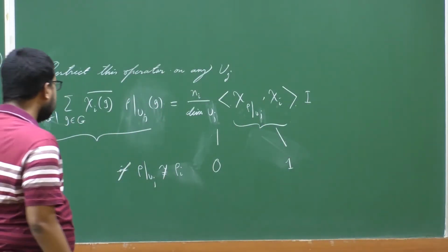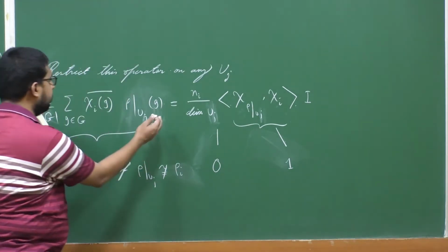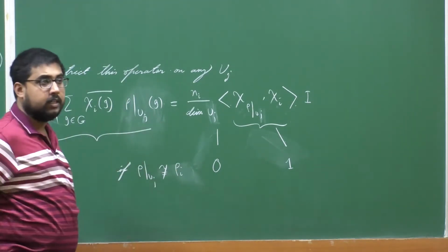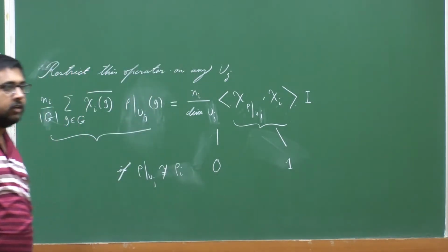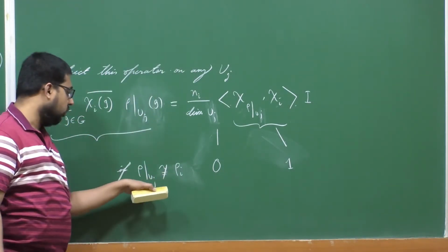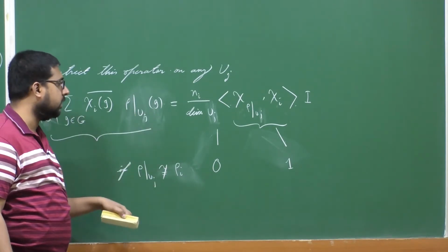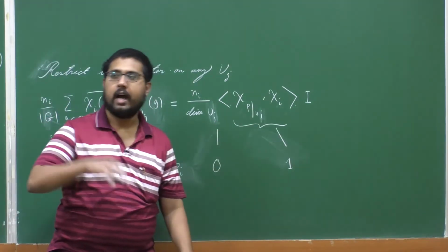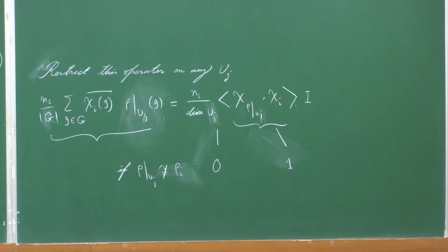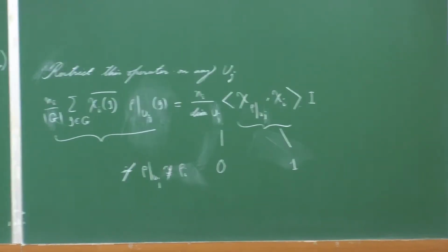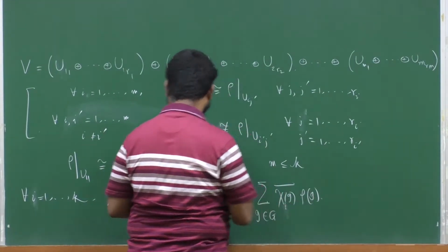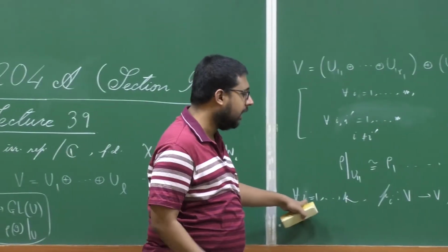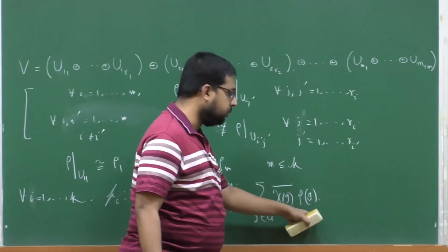So what are the possibilities corresponding to this operator? Either it will be the completely 0 operator, and the restriction of this operator will be completely 0, depending upon whether rho_i is isomorphic to this subrepresentation, or it will act as an identity. We are going to use this observation here. So first we fix an i, then look at the operator pi.